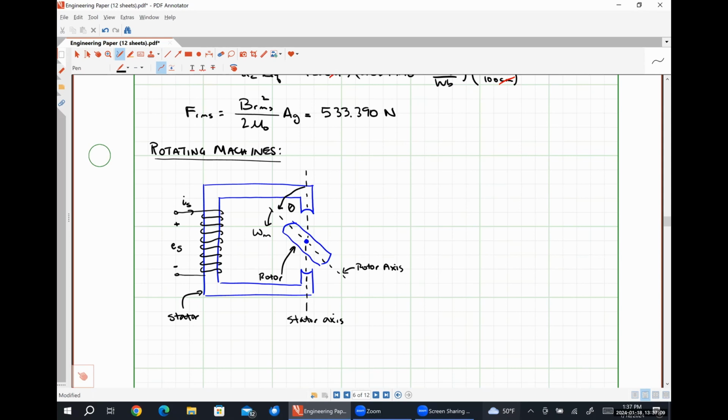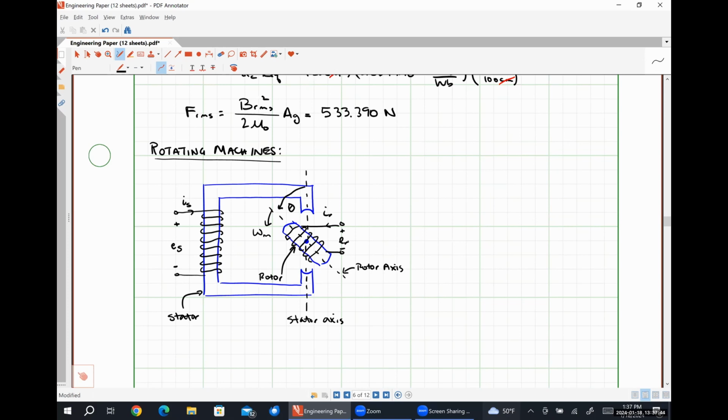And then depending on the type of machine that we have, we may also have a winding on our rotor, where this will be our rotor current IR and our rotor voltage ER.